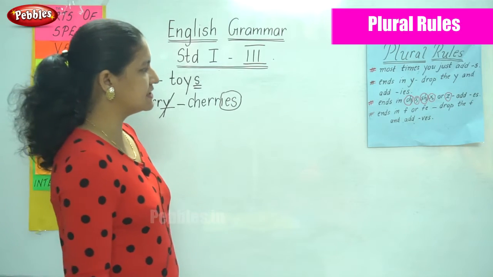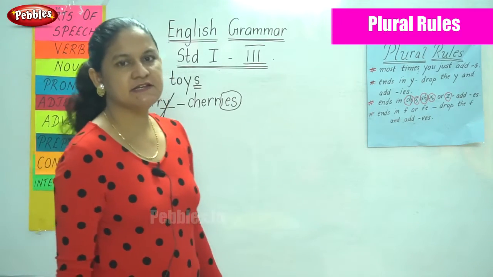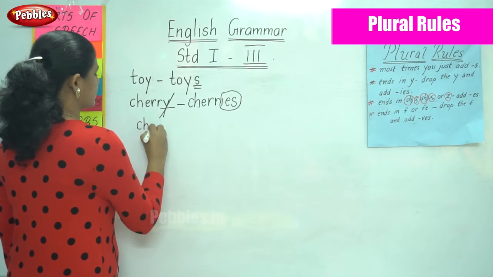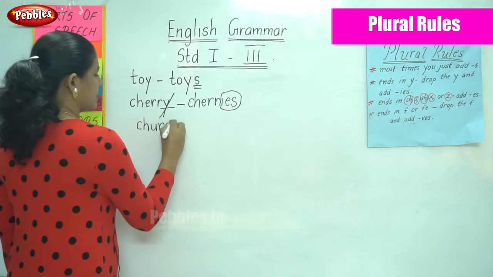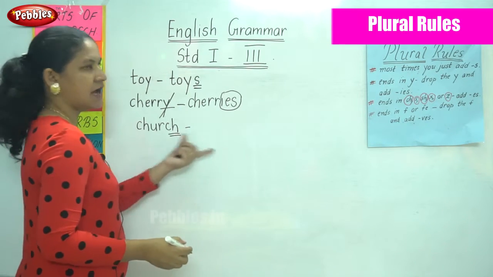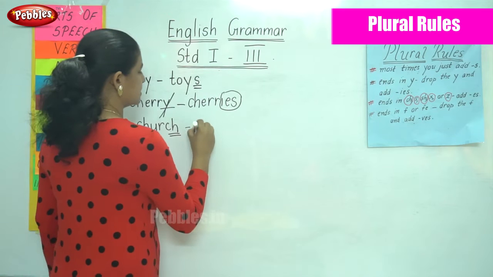The next rule is when a word ends in ch. So for example, I have the word church, one church. So the word ends in ch, then I add es, churches.